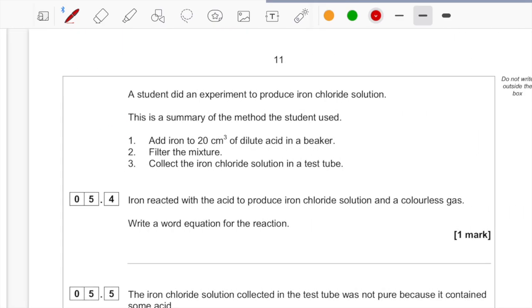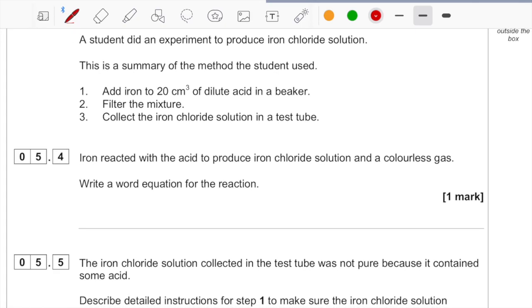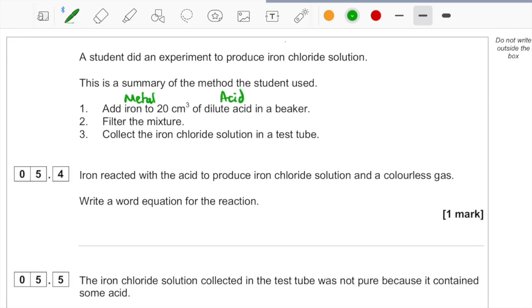Okay. All right. So now we've got a student who did an experiment to produce iron chloride solution. This is a summary of the method the student used. They add iron to dilute acid. So what have we got? We've got a metal. We've got an acid. We are making a salt.